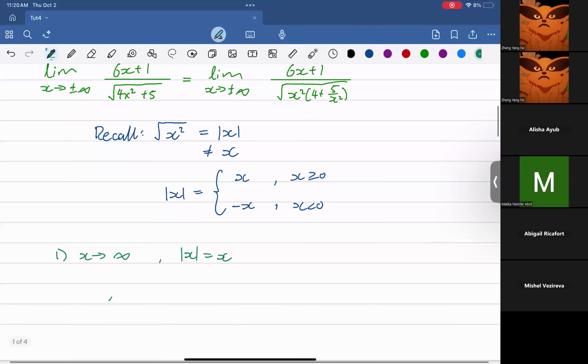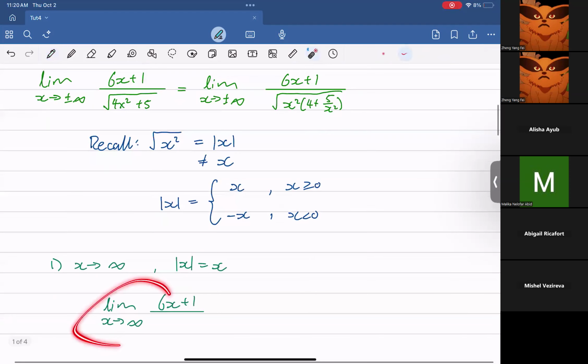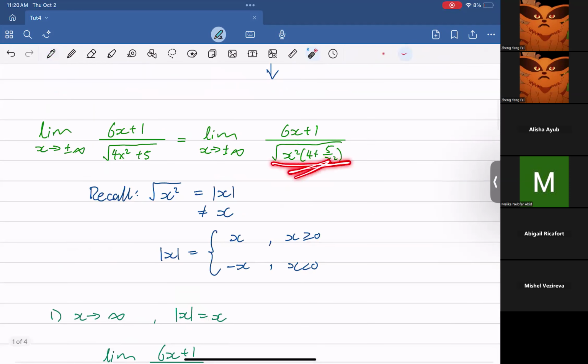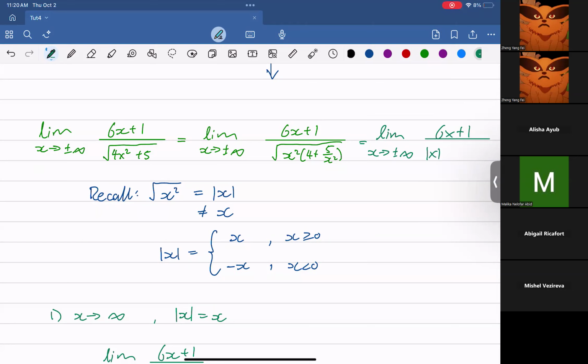And now the limit as x goes to positive infinity of 6x plus 1 divided by, before we get to the math here, I can simplify one more step. That's equal to the limit of 6x plus 1 divided by the absolute value of x times the square root of 4 plus 5 over x squared.